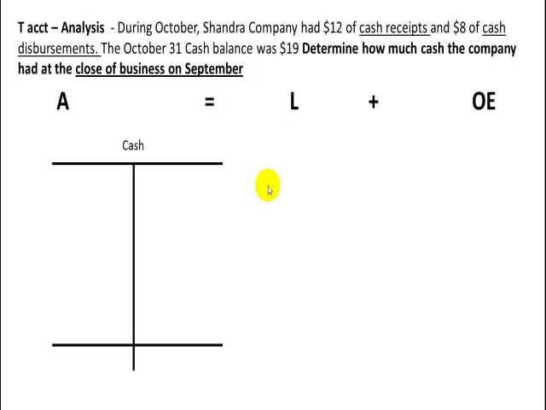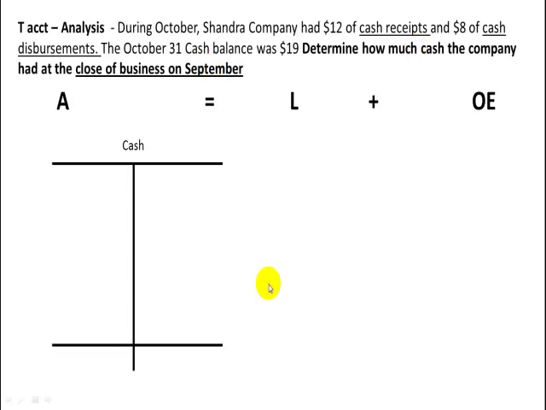Well, you need to know where cash receipts and cash disbursements go on a T account, how they either increase or decrease the T account. And then it also said the October 31st cash balance was $19, and it says determine how much cash the company had at the close of business on September.